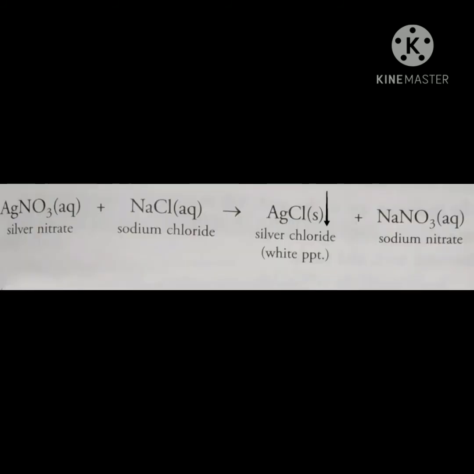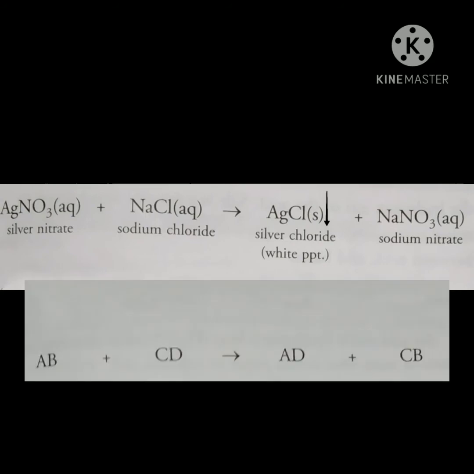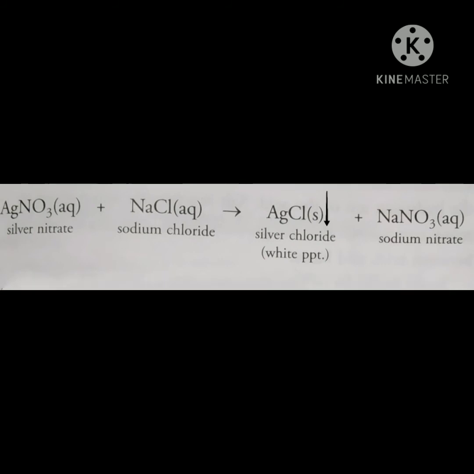See the first example, that is reaction between sodium chloride and silver nitrate. Here Ag is A, NO3 is B, Na is C, and Cl is D. According to the general formula, B and D are exchanged, so the product becomes AgCl and NaNO3. Now AgCl is a precipitate, that is an insoluble solid.